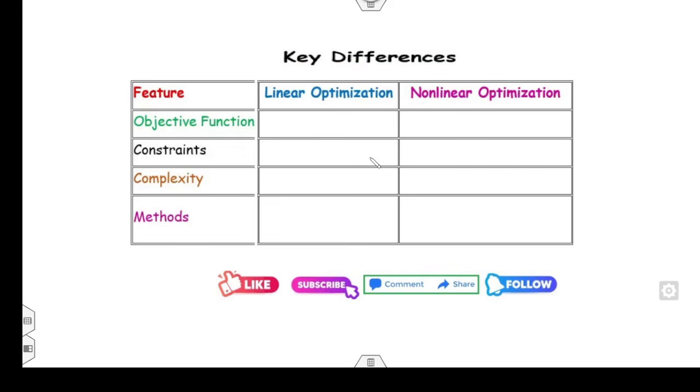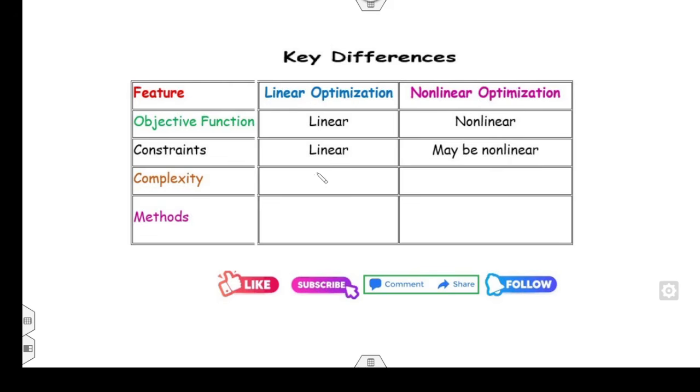So what are the key basic differences between linear and nonlinear? In linear, the objective function is always linear, and the constraints are also always linear. In nonlinear, the objective function may be linear or nonlinear, and similarly the constraints may be linear or nonlinear.